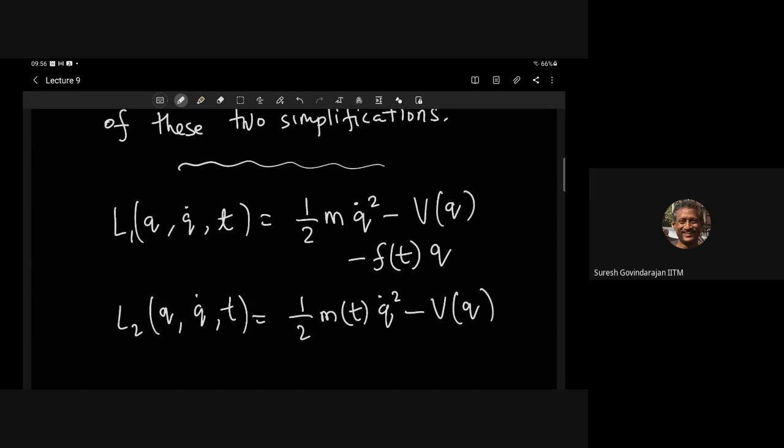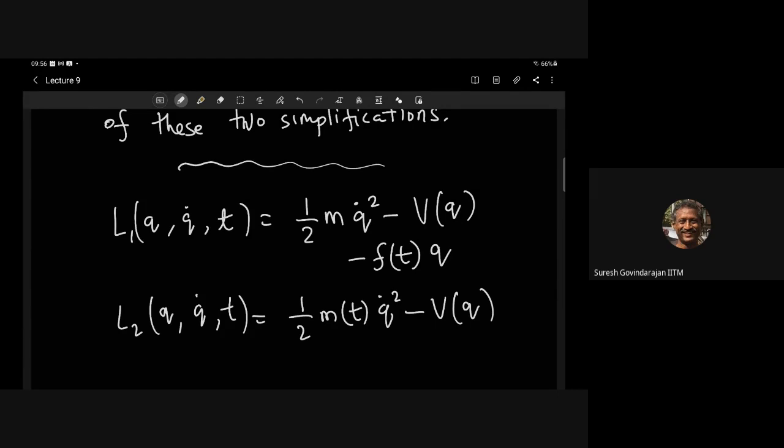Does it mean we can't find a Hamiltonian if the Lagrangian is explicitly dependent on time? No, we can. We'll get a time-dependent Hamiltonian. Energy just won't be a constant of motion. It looks very complicated, but actually, that's not true. Sometimes we pump energy into the system, right? Physically, like when you're sitting on a swing, you start off with nothing, and then you start pumping with your legs, right?